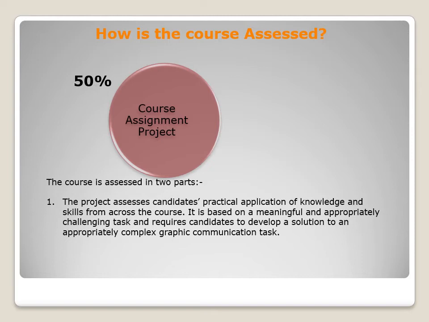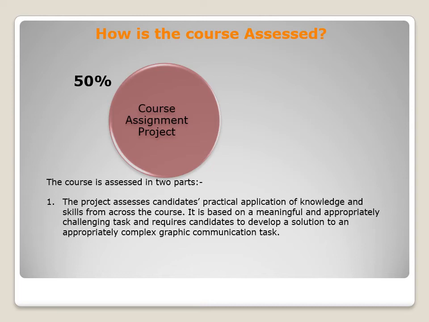The course assignment must cover both parts of the course. It must cover technical graphics and it must cover commercial and visual media graphics. The way the pupils have done this year is that they all took a project that they were able to bring in, or purchase themselves, or maybe found in the department, and they were able to analyse it and look at how they could model it.